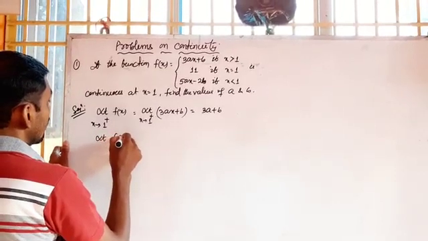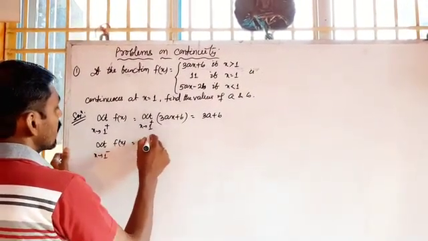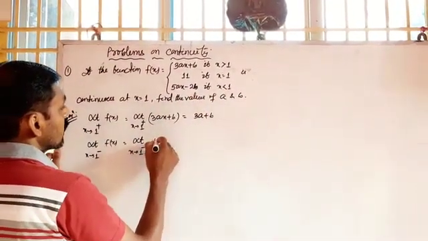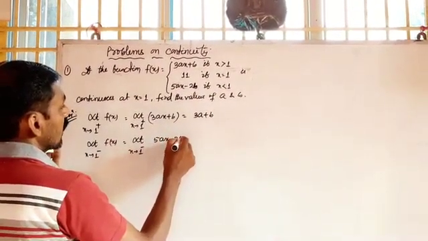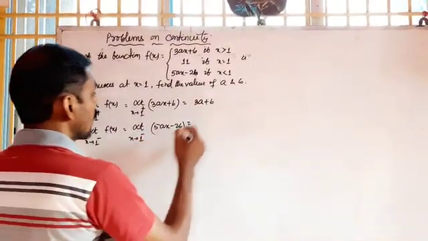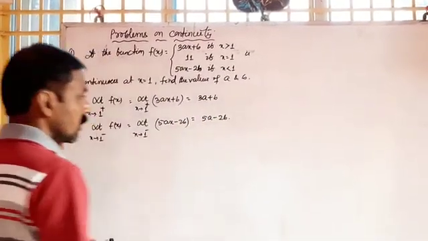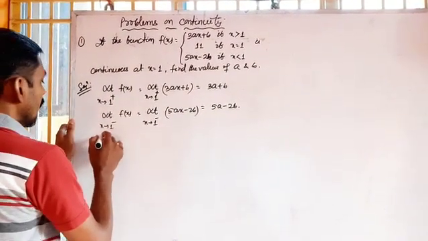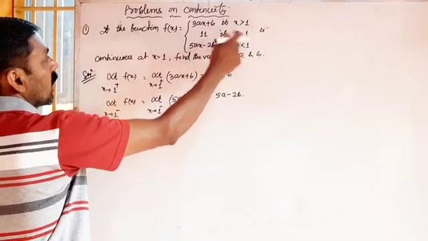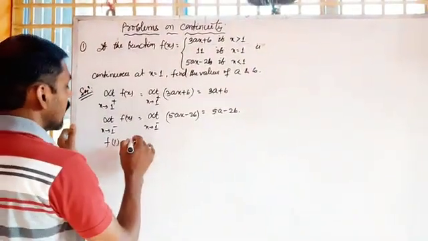Similarly, limit of f of x, x tends to 1 minus. So limit x tends to 1 minus, for less than 1 it is 5ax minus 2b, and being an algebraic function, here also you can put directly x equal to 1. So it is 5a minus 2b. And f of 1 is 11, it is given.